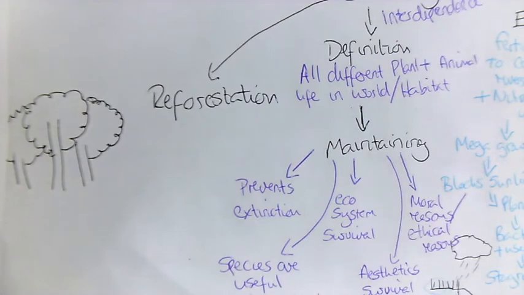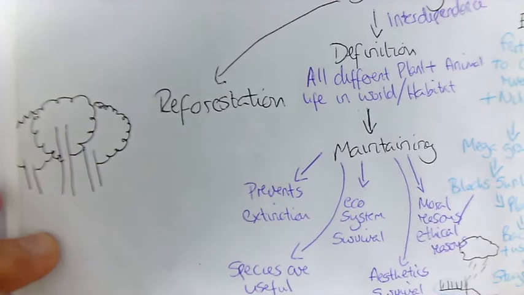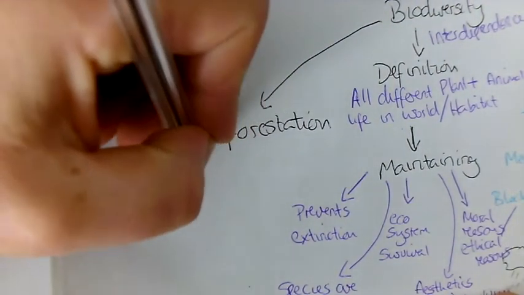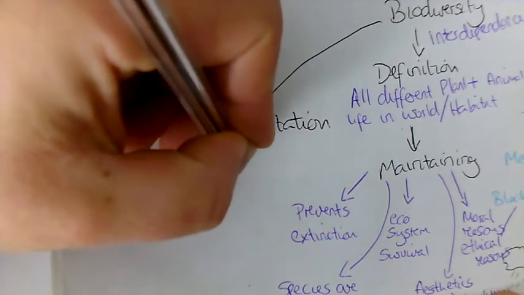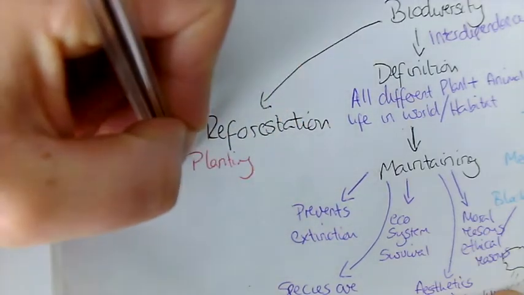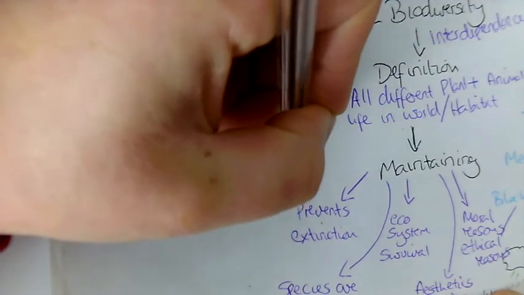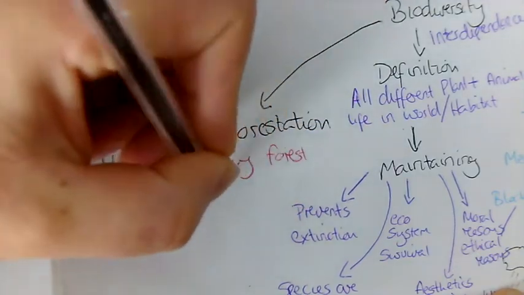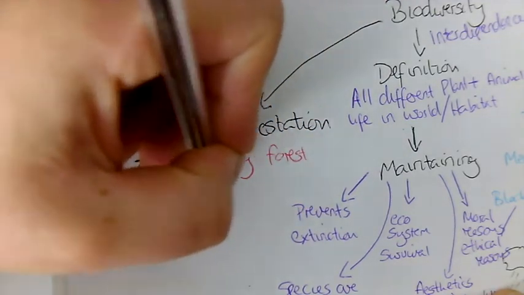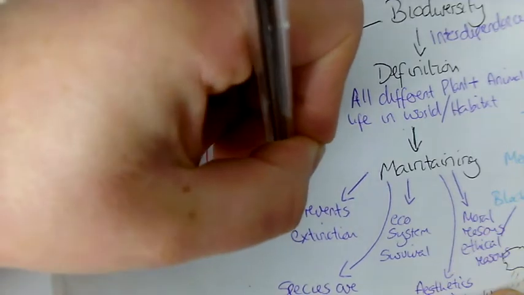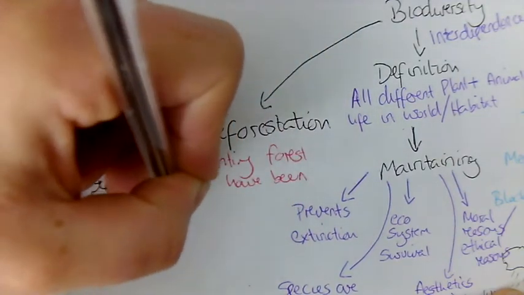Also, tree roots will bind soil together and prevent erosion, and it will then affect the local climate, reducing the temperature variation. So, reforestation is planting, or should I put replanting, forests that have been destroyed.